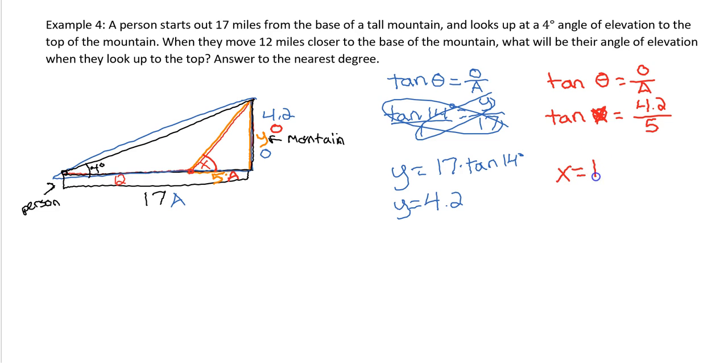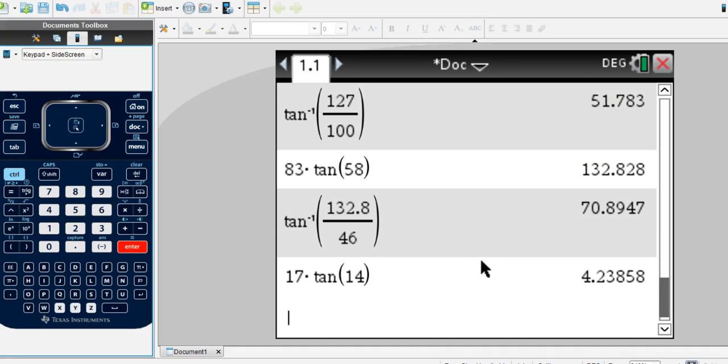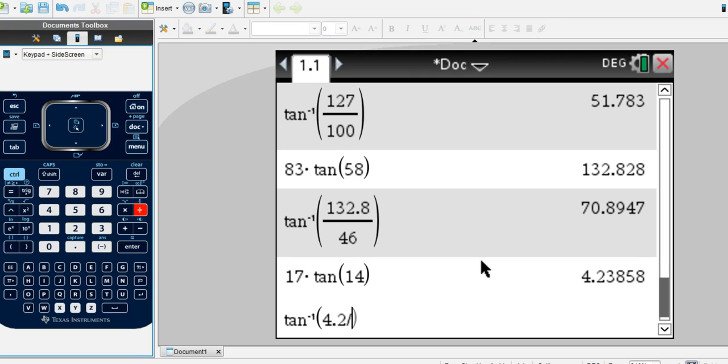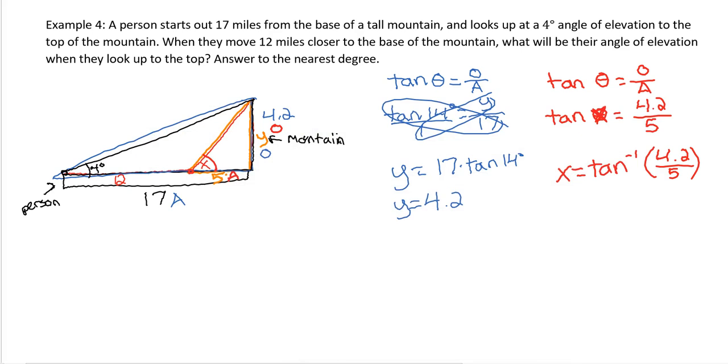So x equals the inverse tangent of 4.2 over 5, which is 40 degrees. So you go from barely looking up to see the mountain to, when you walk forward, having to look up a lot to see the mountain. Okay, so x equals 40 degrees.